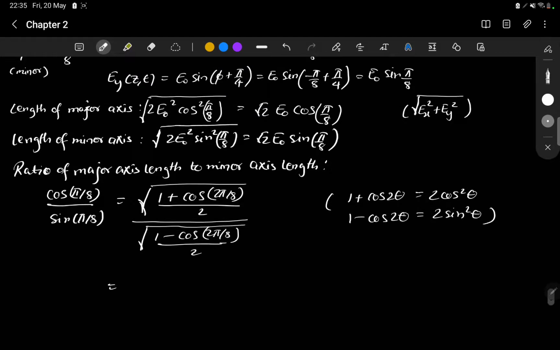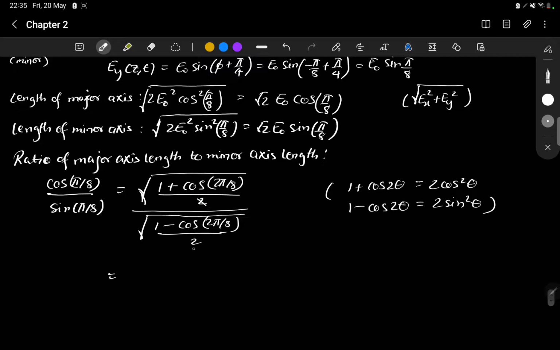So let us further simplify this. 2 cancels, we get square root of 1 plus cos pi by 4 over 1 minus cos pi by 4.